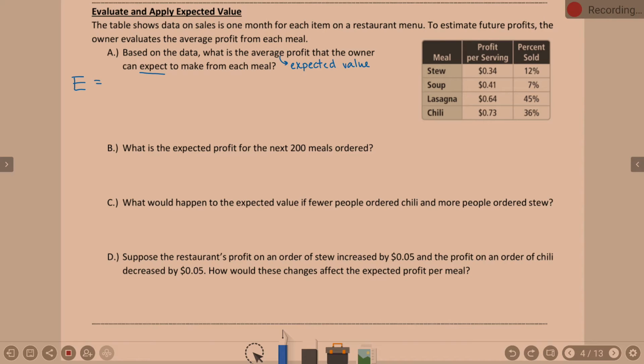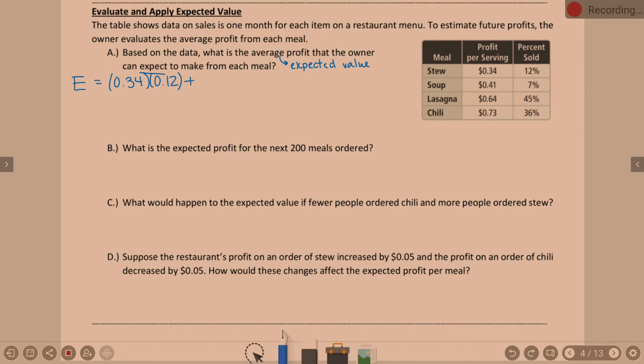And what's the probability of them selling stew? 12%, right? And 12% as a decimal is 0.12. So we're going to be doing 34 cents times 12%. So 0.34 times 0.12 plus.